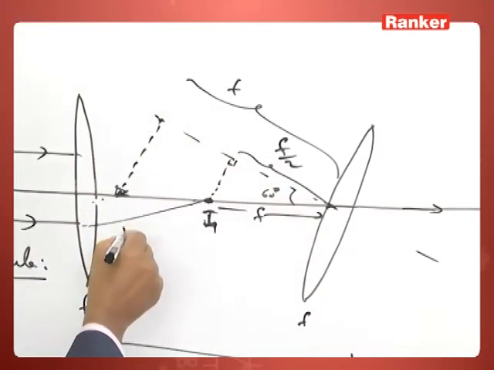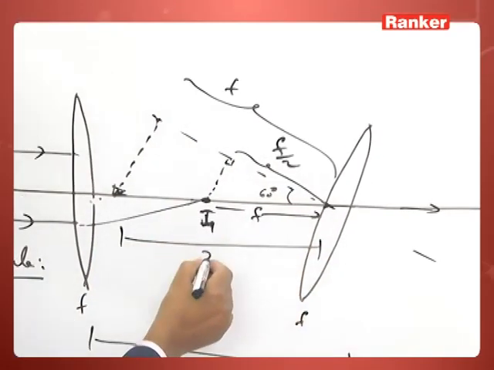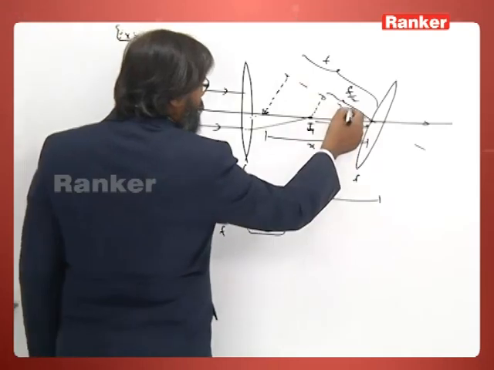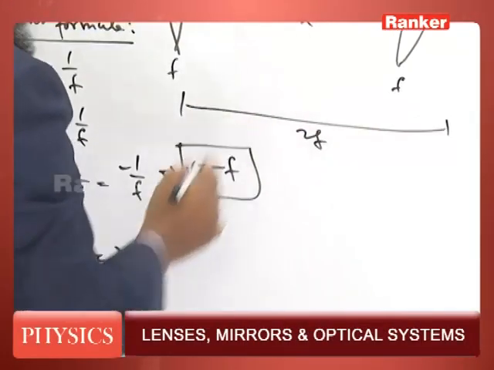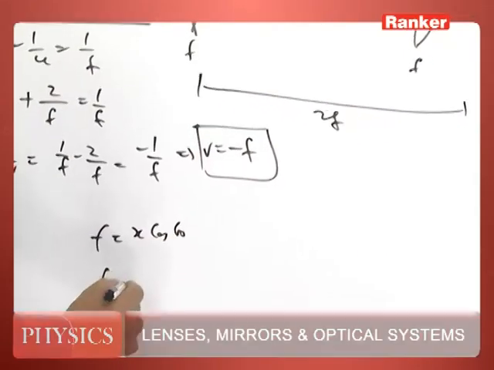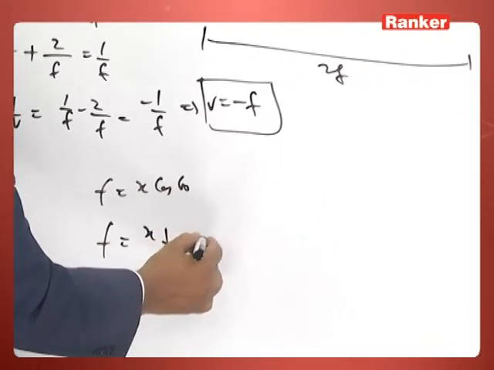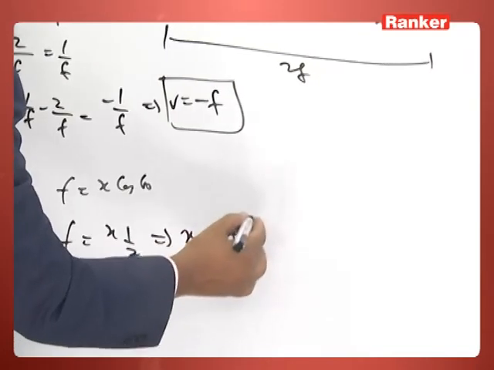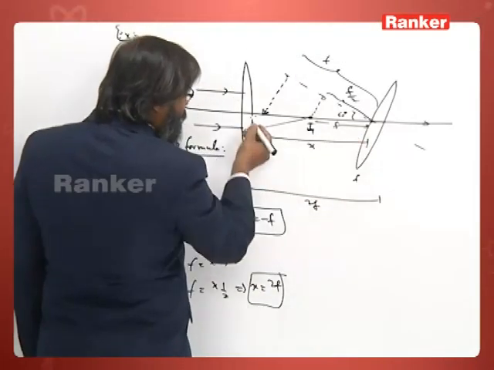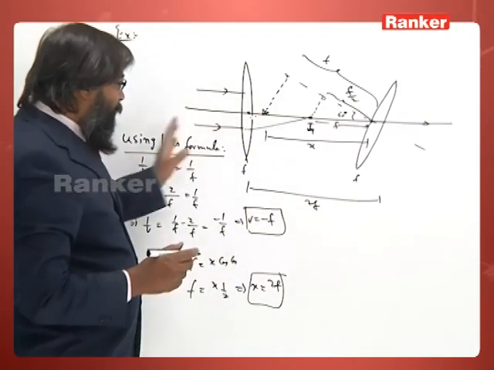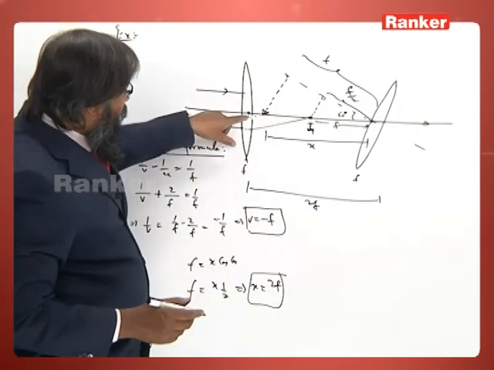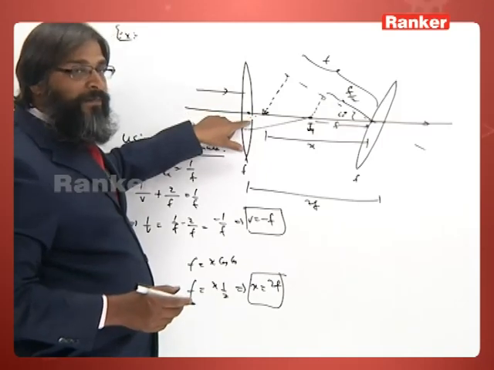So what is this distance? Let this be x. So f is equal to x cos 60 degrees, that is f is equal to x times half, so x is equal to 2f. Now 2f means x is this point. So what we got mathematically is that the image is formed here.